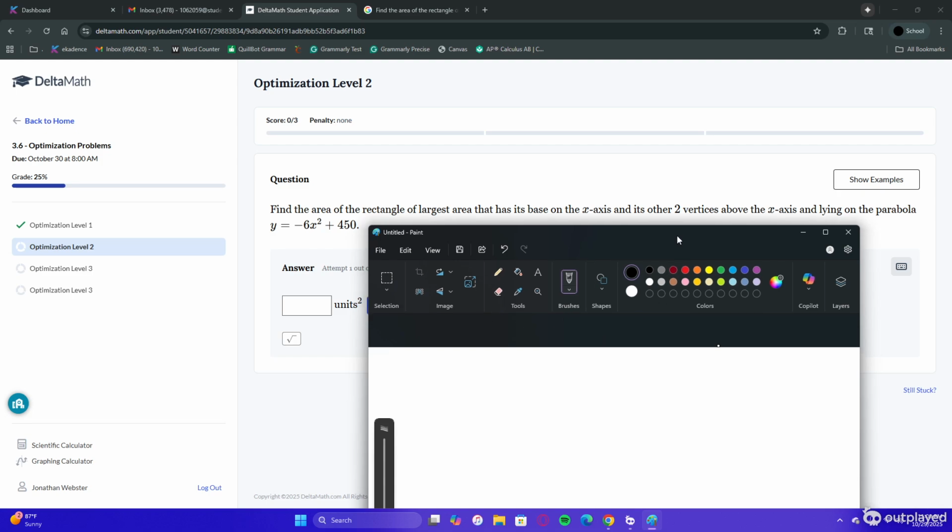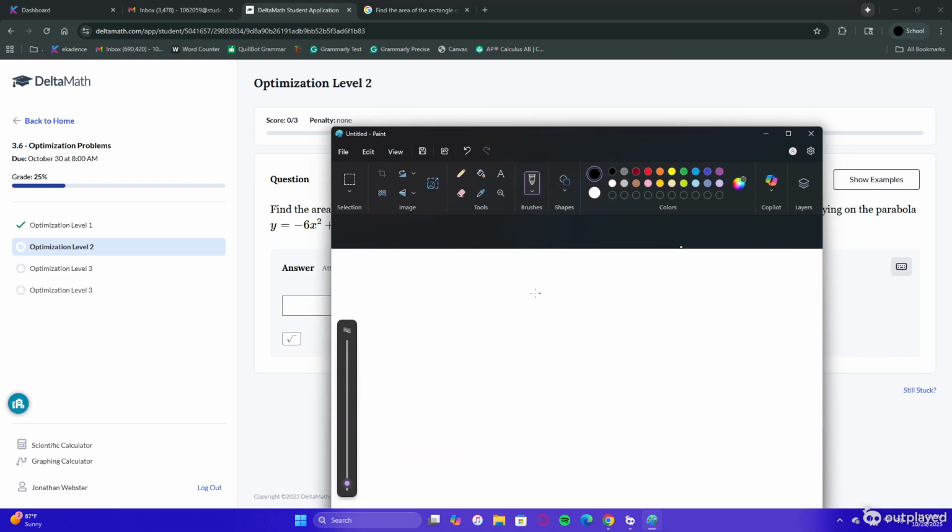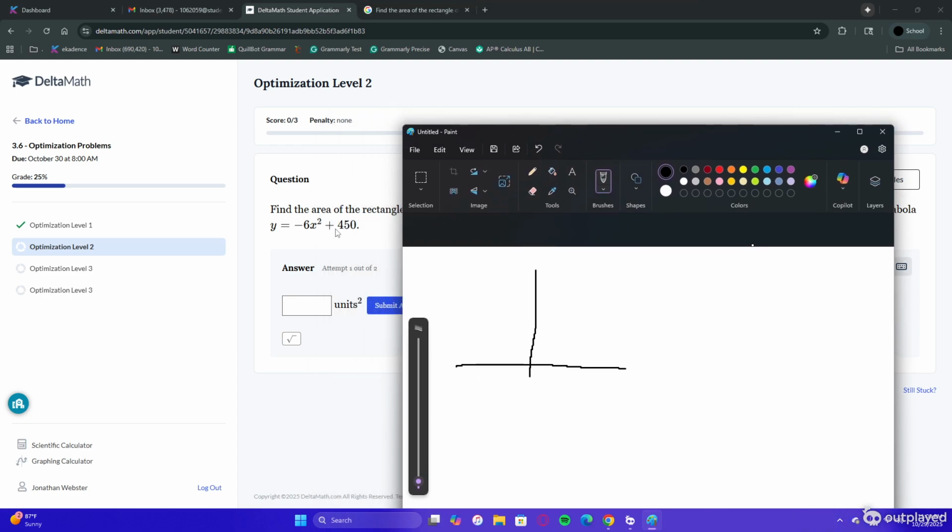So that's a bunch of stuff, but what it basically looks like is that you have a parabola, y equals negative 6x squared plus 450. You have a parabola that looks like this, and there's a rectangle inside of it that is the maximum possible rectangle, the largest possible rectangle, and we have to find the area of this rectangle.